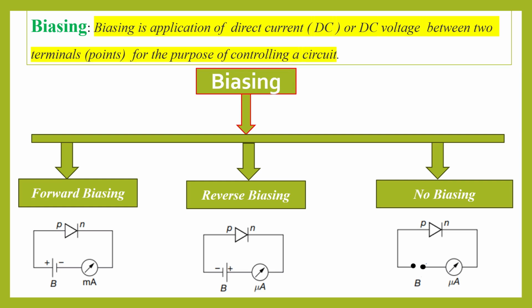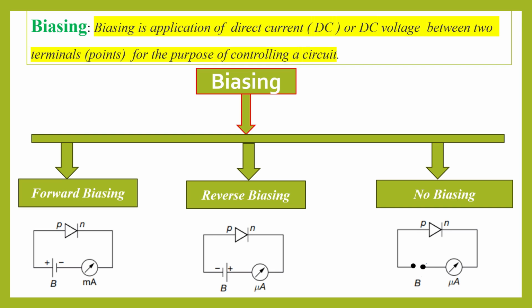Biasing is of three types, as shown in this figure: forward bias, reverse bias, and no bias or zero bias. Forward bias is when the P terminal is connected to the positive side of the battery and the N terminal is connected to the negative side of the battery.